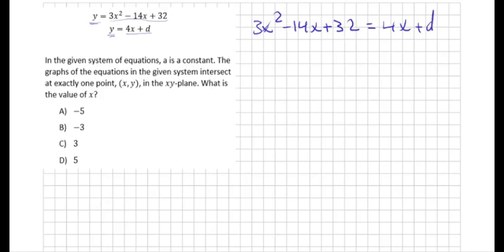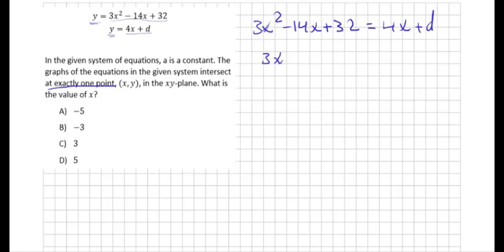And we can move everything to one side to keep it as a trinomial equation. And then we can get the value of d because we have this piece of information that the system has exactly one point of intersection or one solution.